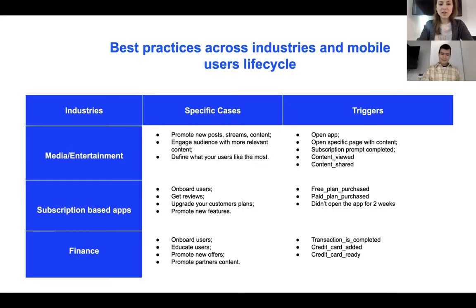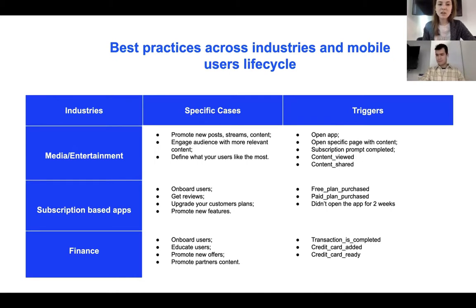So yes, here we have the best practices across industries and mobile users' life cycles. Today we gathered 6 main industries. The first 3 are media and entertainment, subscription-based apps, and finance.